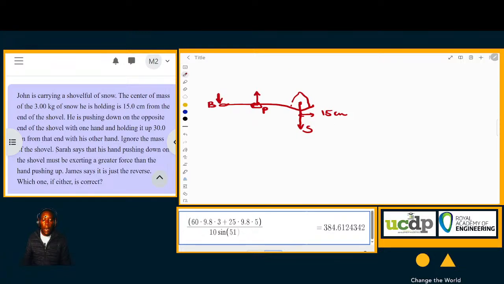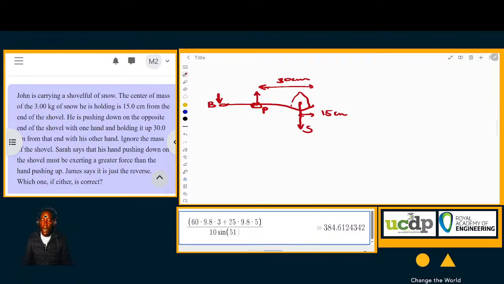So he's pushing down on the opposite end of the shovel with one hand. This is the end pushing down, and the other hand holding it up at 30 centimeters from the end, so double that distance. Ignore the mass of the shovel.